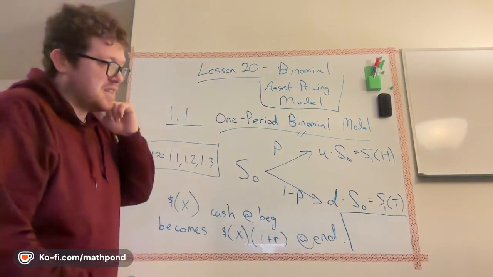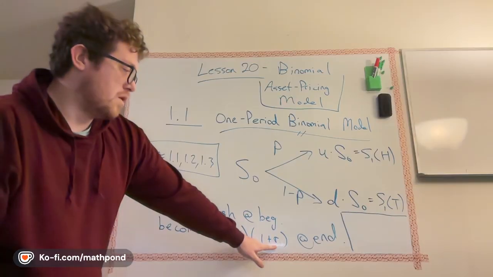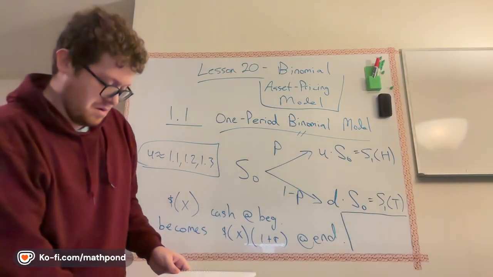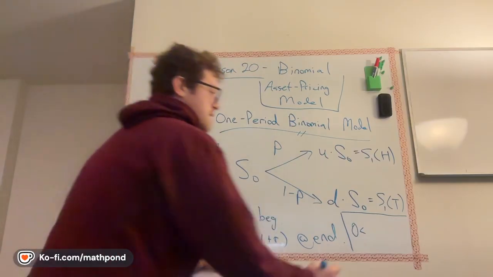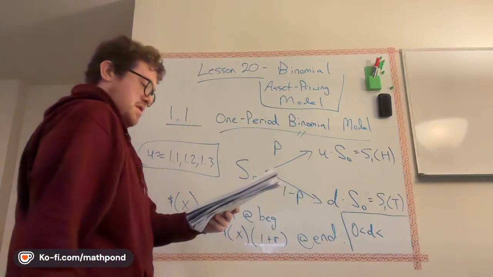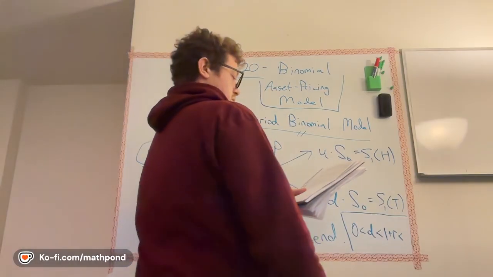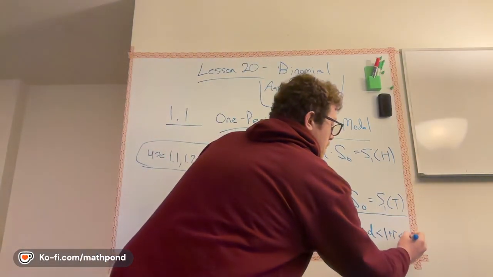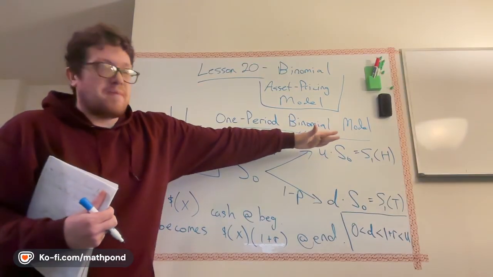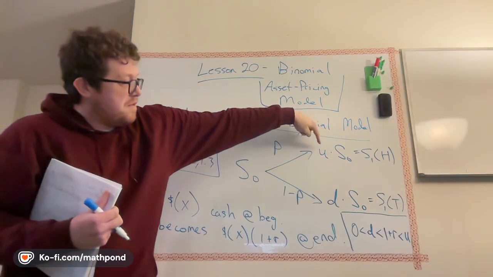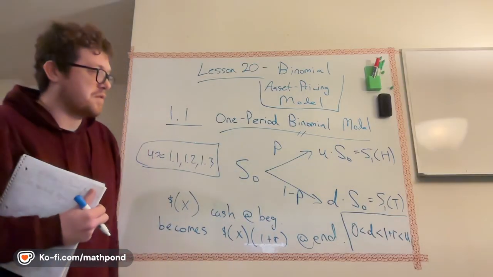Oh, well, didactic sounds like two something, but yeah, so the condition here with the R, the U, and the D is that 0 must be strictly less than D, which must be strictly less than 1 plus R, which must be strictly less than U. Which just means that you're getting paid more than the risk-free rate to take risk if you're successful, and if you're unsuccessful, then that pays you less than the risk-free rate.